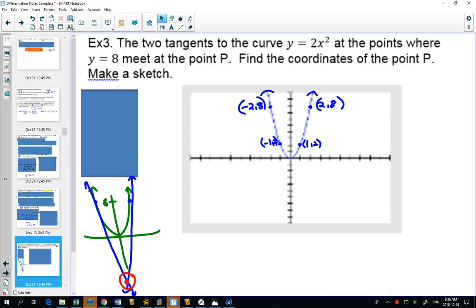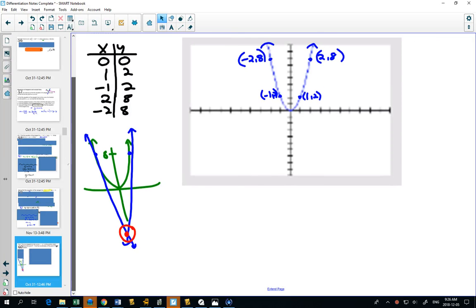How do we go about that? And what could we do? Well, we could find both of those equations, right? We could find the equations of two lines. We know that our derivative of 2x squared is 4x. We have a point 2, 8 and negative 2, 8.